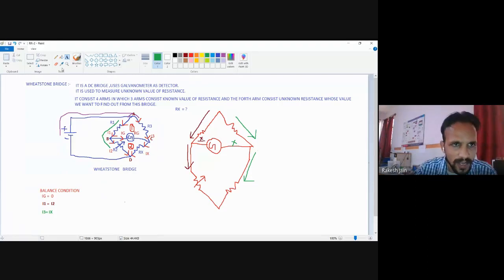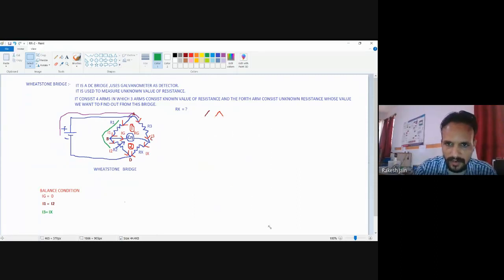Now I am writing down the mesh equations, the loop equations. Now see Kirchhoff equations. I just write down the equation for the upper side.